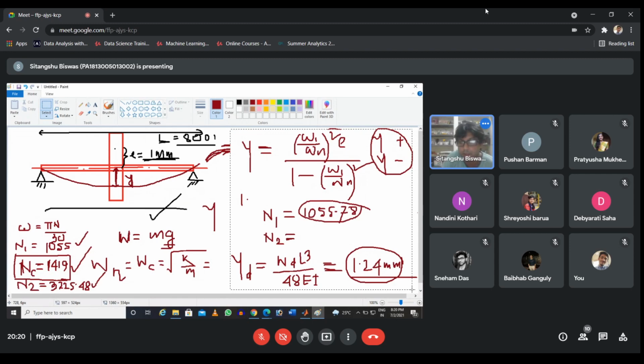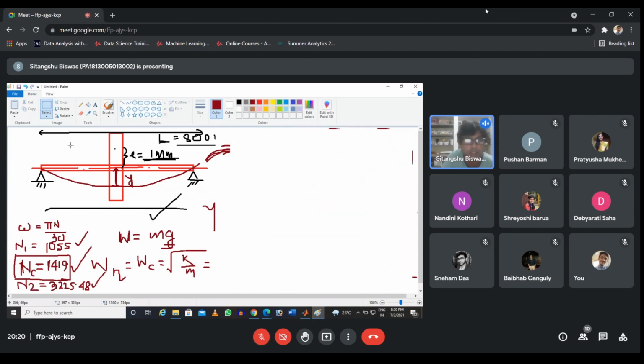Now somebody make one equation, because we already know the stress sigma. That is equal to 32 W D L by pi d cube, something like that.